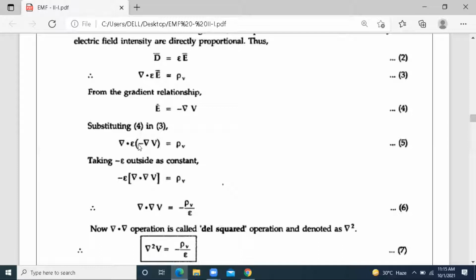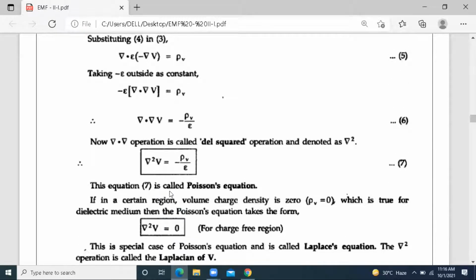So we have del dot del V. And we're gonna divide over here by the epsilon. All right. So we have del dot del V equal this. Del dot del is del squared. So del squared is this.